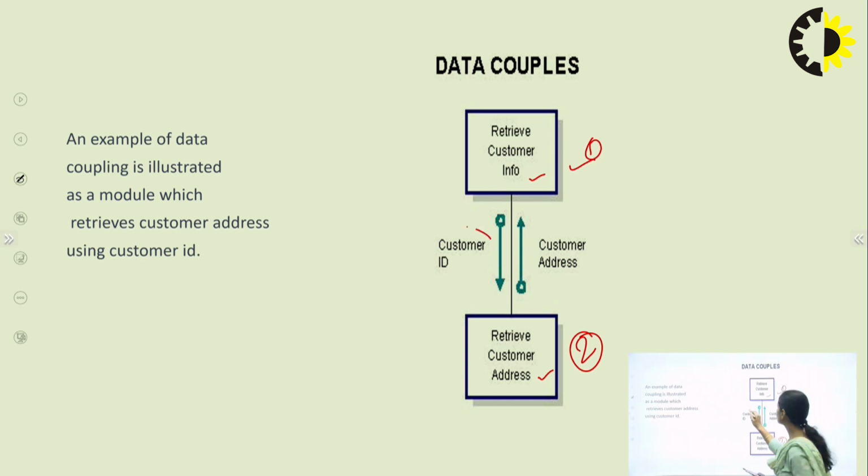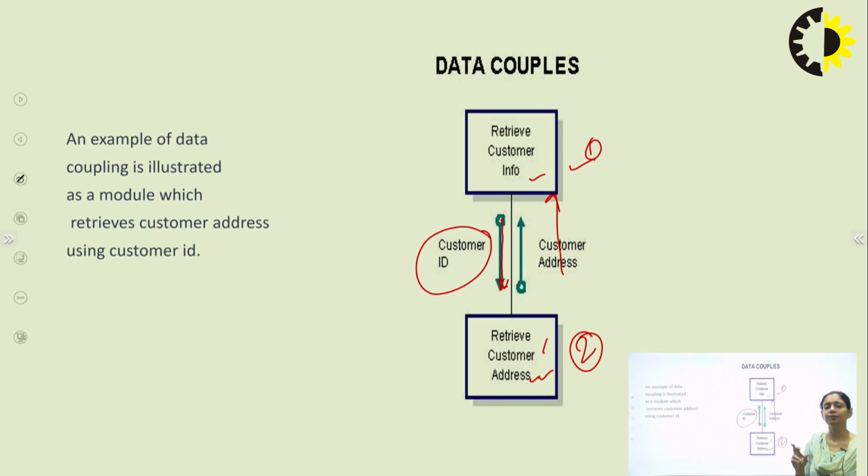The customer ID would be used in order to retrieve the customer address. From here, if we pass on the parameter of customer ID, as customer ID is unique for each and every customer, with the help of this customer ID, the customer address could be retrieved and it would be going to module 1.